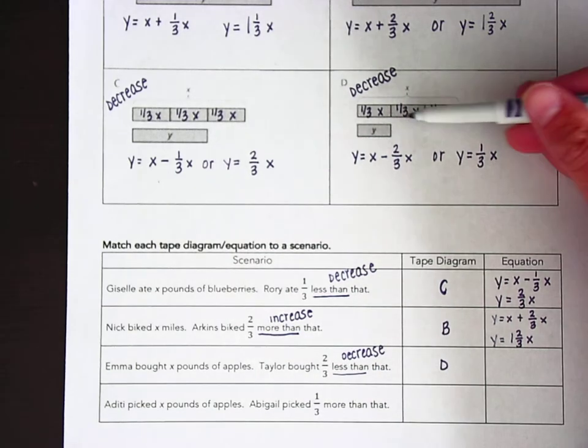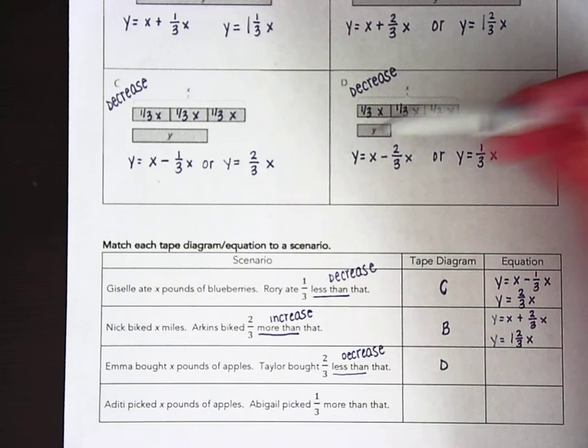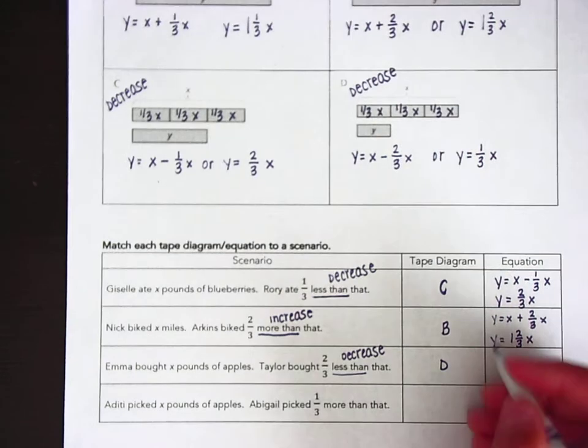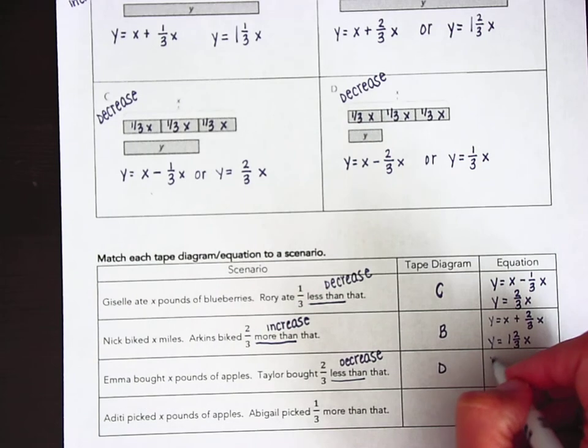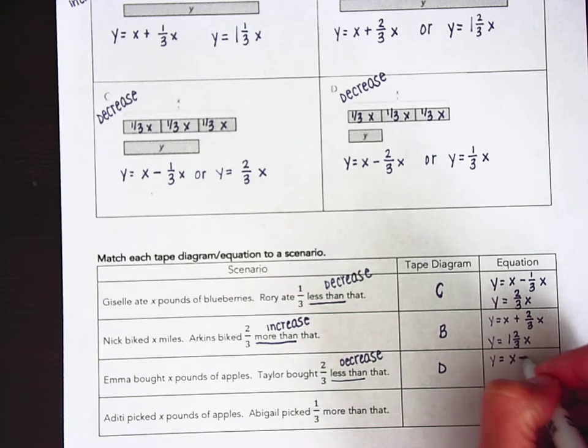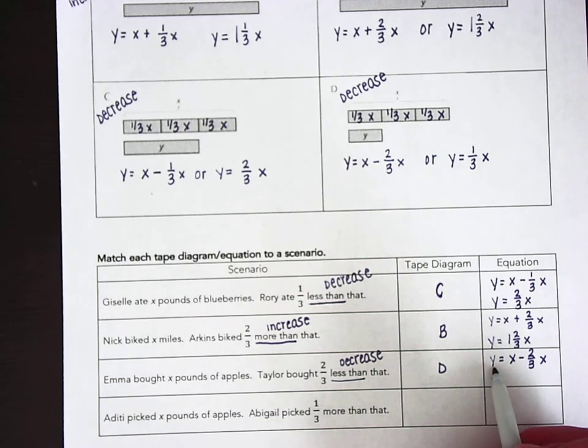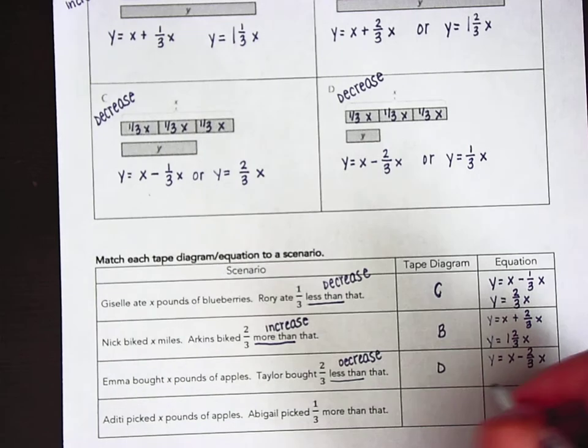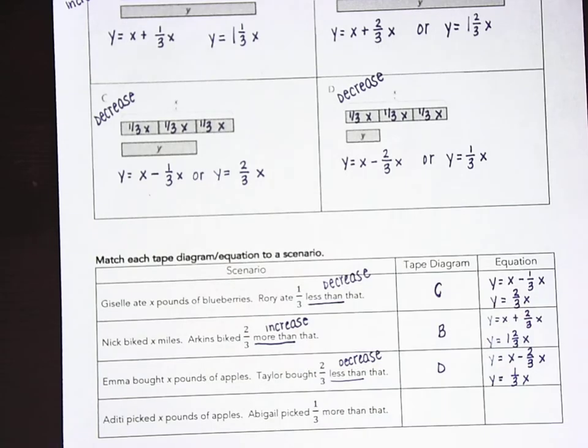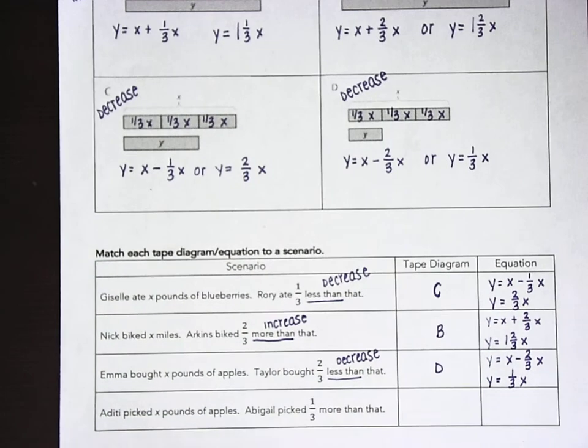We're taking away 2/3 of X in order to get Y. Our equation, y is equal to x minus 2/3 x, explains to us that Taylor bought what Emma bought, but 2/3 less than what Emma bought. Or we can simply say that Taylor bought 1/3 of what Emma bought.